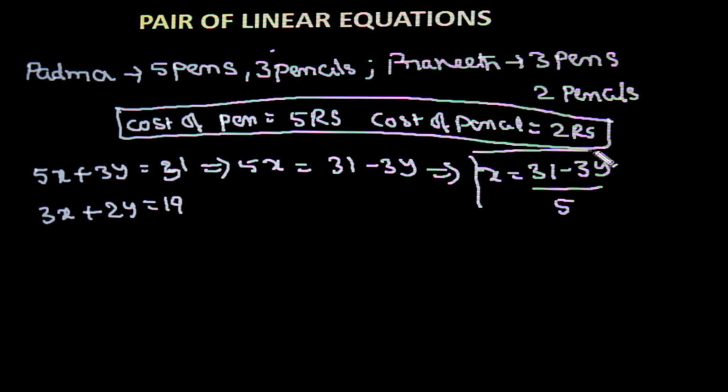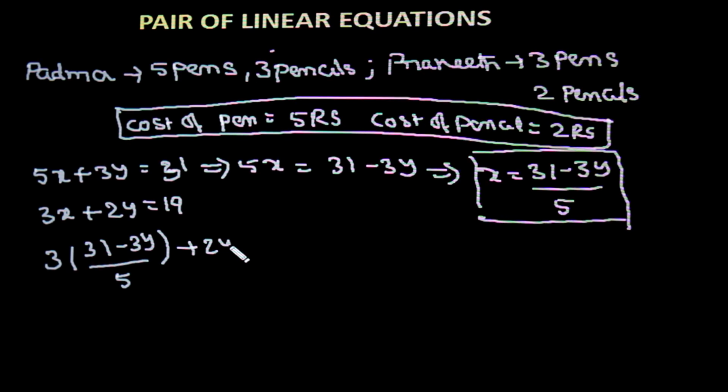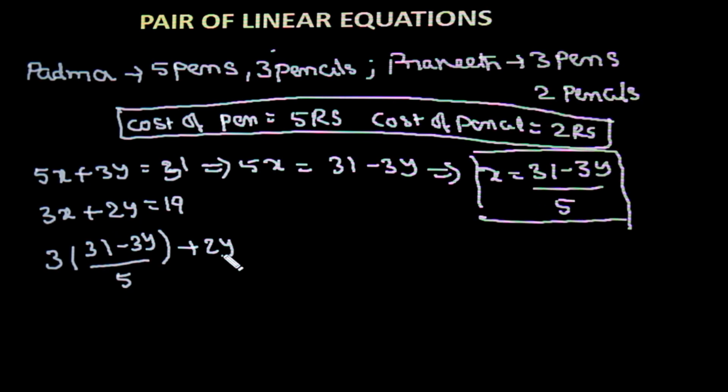Substitute this value of x in the second equation. 3x becomes 3 times (31 minus 3y) by 5, plus 2y, is equal to 19.